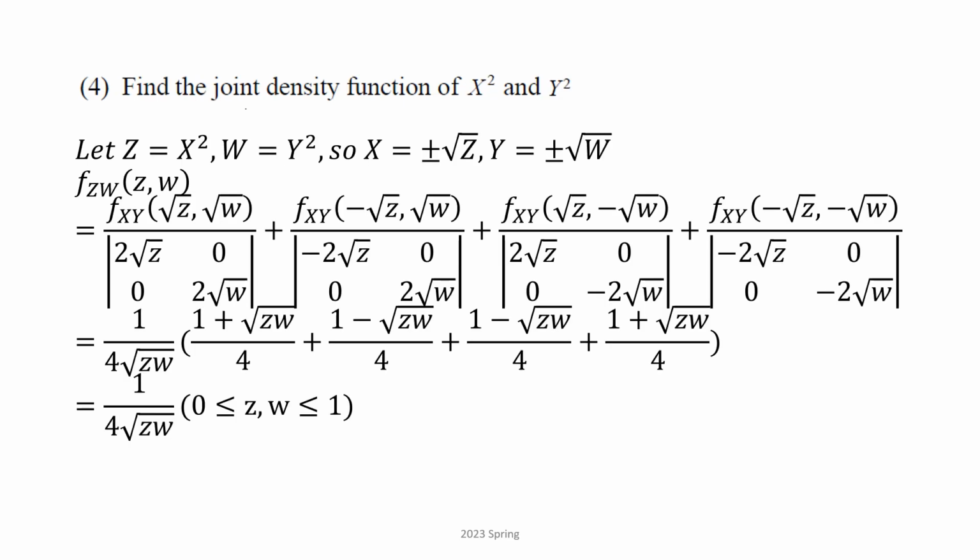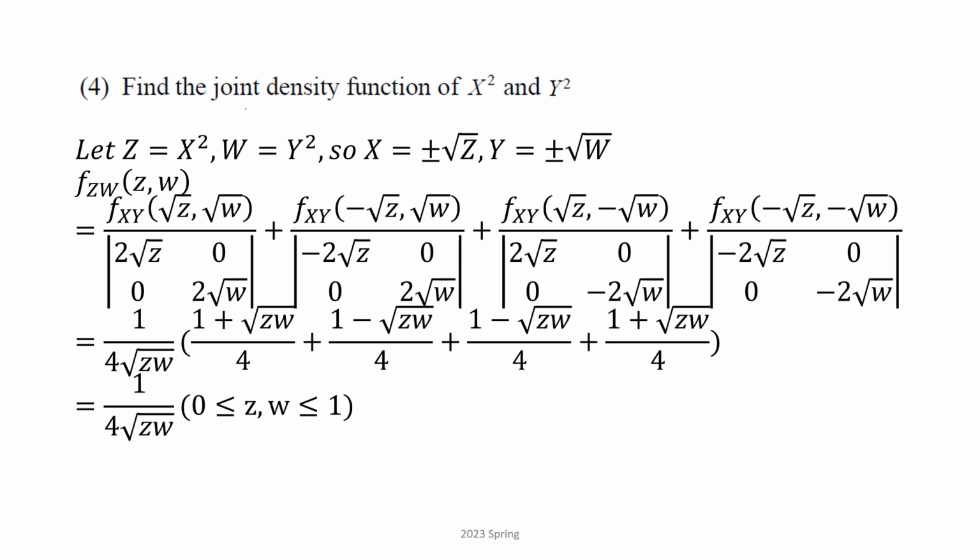The next problem is to find the joint density function of X squared and Y squared. We let Z equal X squared and W equal Y squared. So X equals positive and negative square roots of Z, and Y equals negative and positive square roots of W. So we can have the joint density function f_ZW, and it equals f_XY evaluated at the square root of z and the square root of w, over the Jacobian.